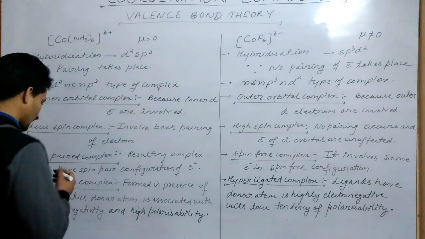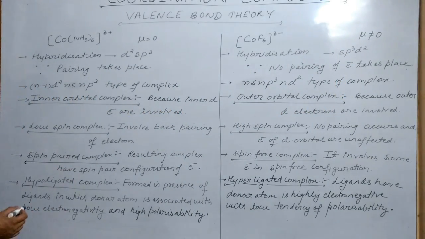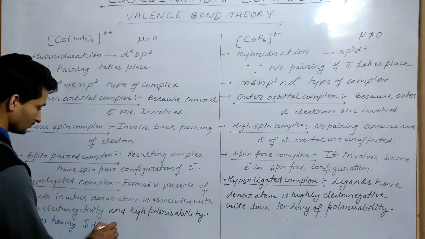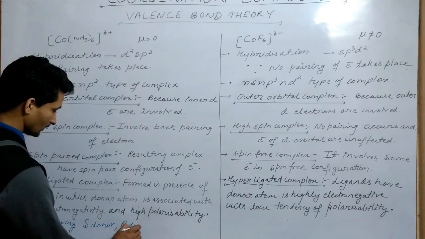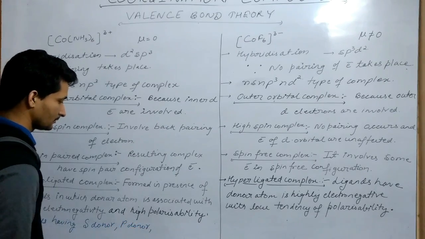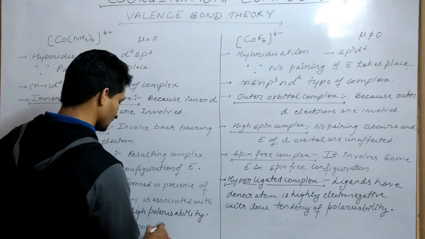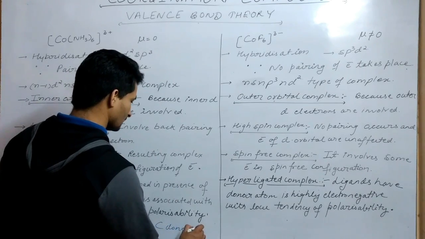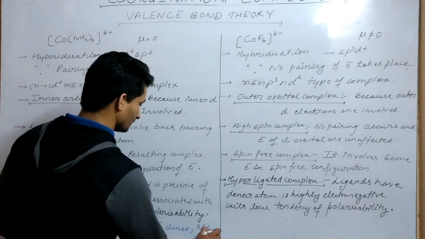Fine. So what kind of ligands are able to cause pairing up? Ligands having S donor, P donor, C donor or N donor.